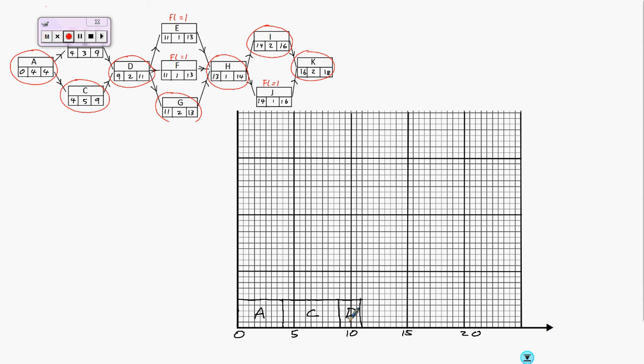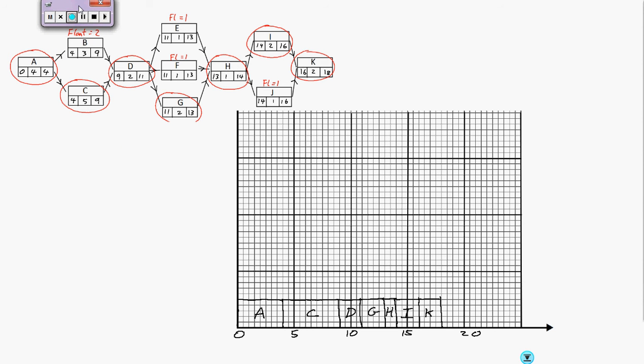There's D. G, 11 to 13, which goes there. H starts at 13 and goes on to 14, which is there. I starts at 14 and goes on to 16. And finally, K starts at 16 and goes on to 18, which is there. So I've now shown all my critical activities.